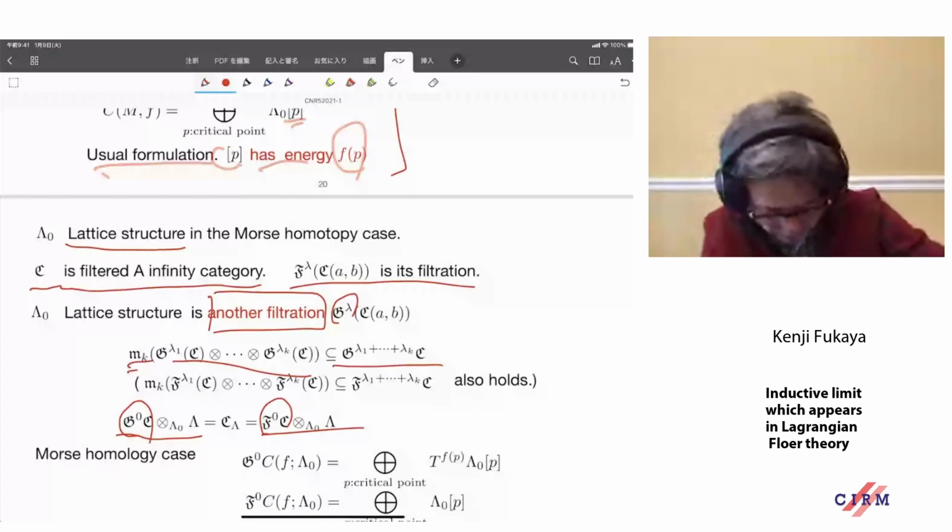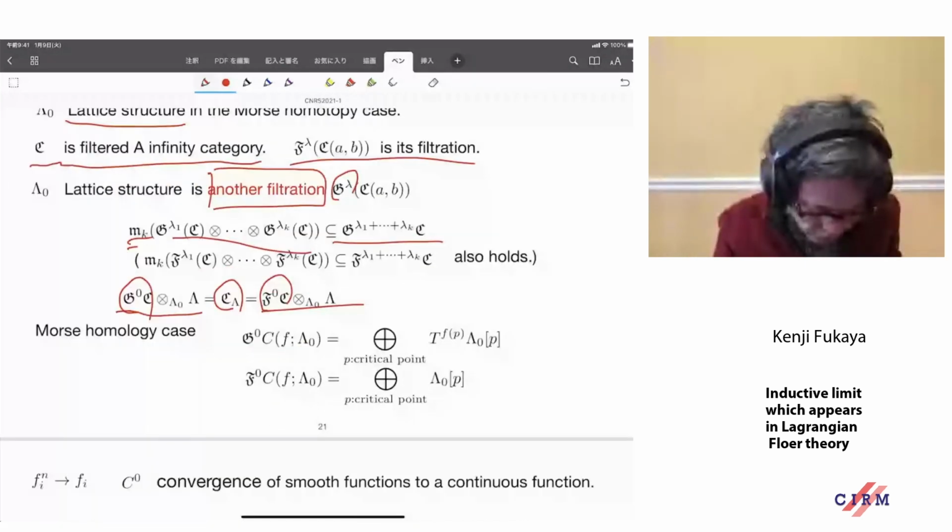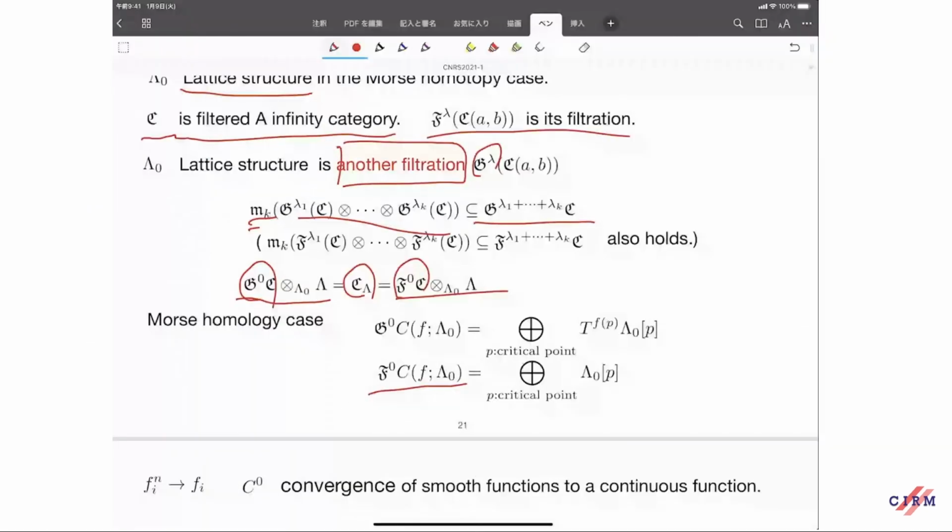So the typical example is that in the case of Morse homology, this F filtration just takes all critical points to have energy 0. And for this G filtration, we put all geometric generators to have energy f(p). So naturally, in Morse homology, you have these two filtrations, which preserve all infinity structures. And maybe we can call this a doubly filtered infinity category.